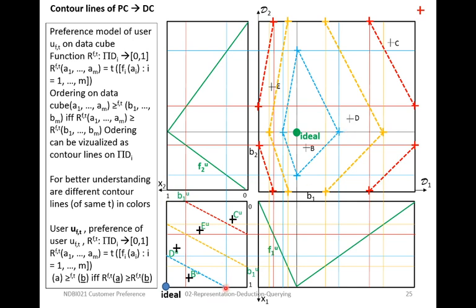Moreover, this point here has the x1 preference 1, so it will be on this line, and the second preference degree is here on the attribute preference of the second attribute, and we see it goes through this point.